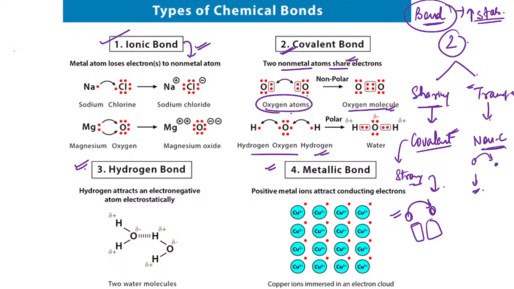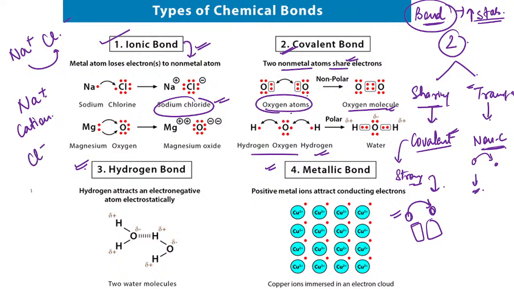Ionic bonds are what? For example, NaCl, so Na plus, Cl minus. One of them loses one electron, the other one gains one electron. As a result, there's stability. The one which loses the electron or donates it is known as a cation, which gets a positive charge.